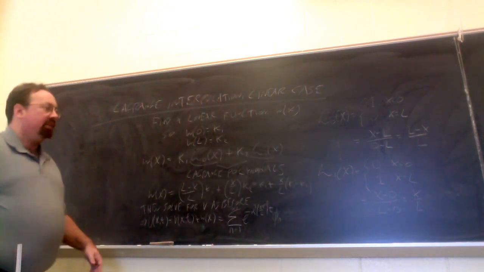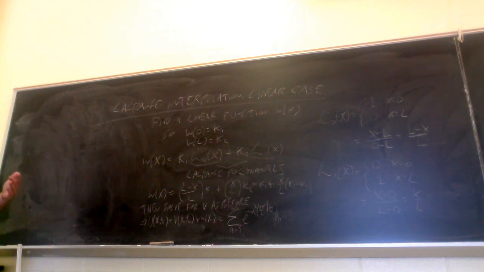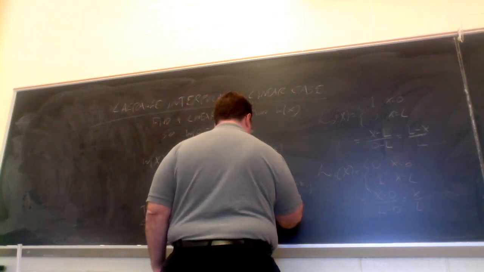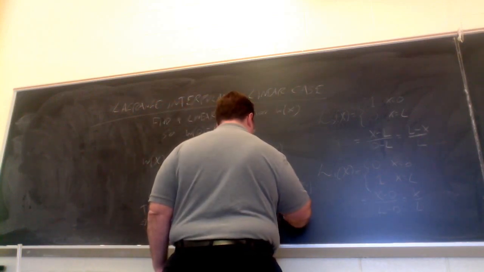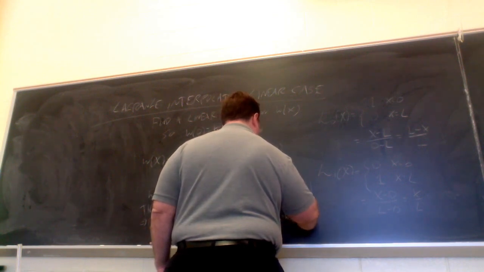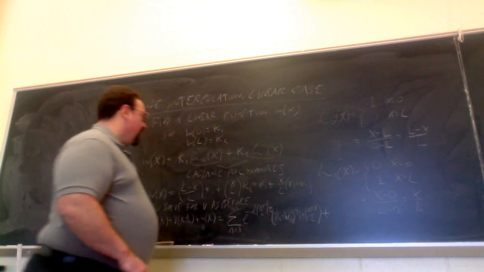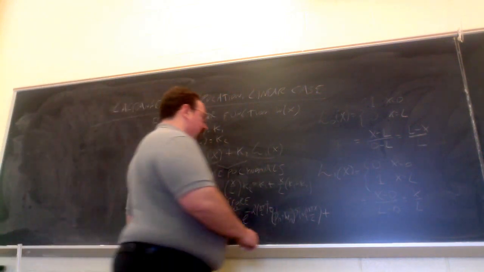So these are the Fourier sine series coefficients of phi of x, the initial data. Actually, I need to include that as well: phi n minus w n. And then I need my eigenfunction, sine n pi x over L, plus, and now I can just add all my w of x.